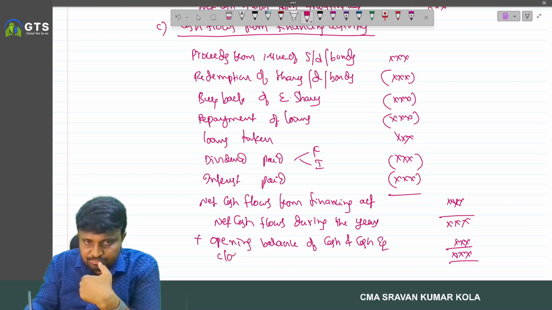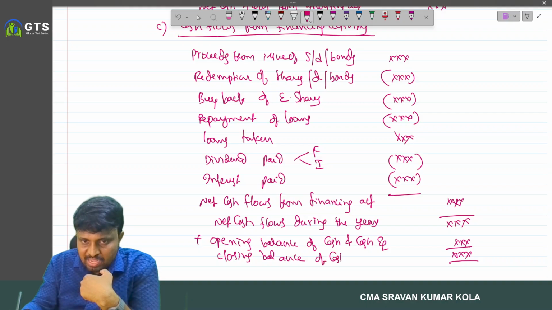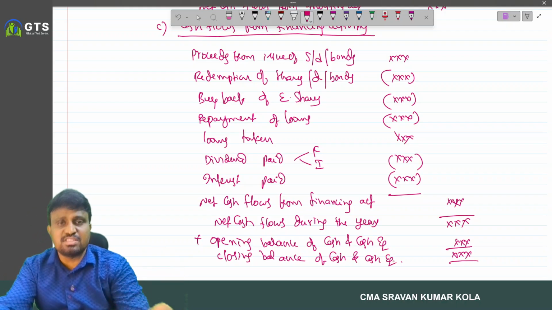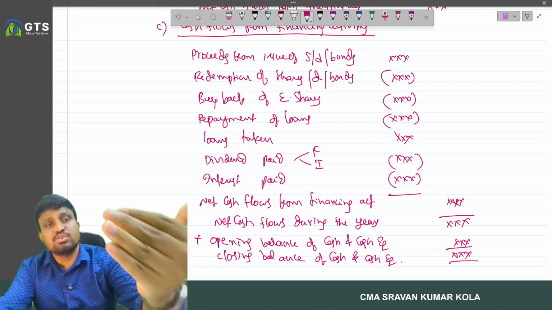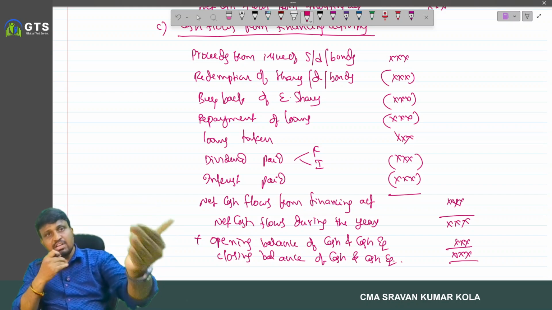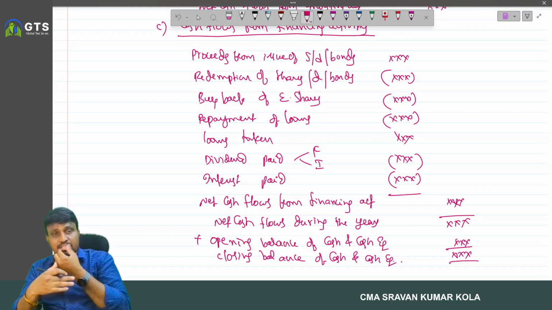Then we'll get the closing balance of cash and cash equivalent items. It is simply a reconciliation statement, prepared by tallying the opening balance of cash and cash equivalents with the closing balance of cash and cash equivalents.